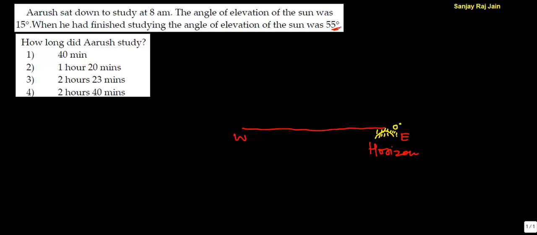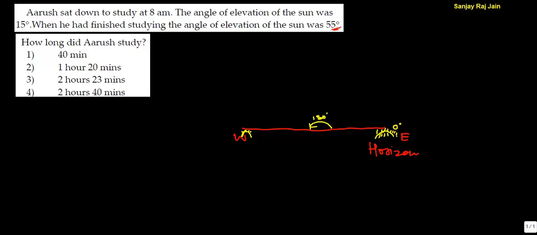Let's assume that the sun sets in the west, the position which is making 180 degrees of angle with the initial position.